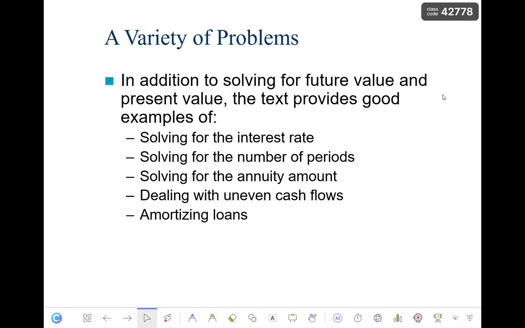What if I'm getting $300 one year, 200 another, 10,000 another? We can still use these formulas to figure that out, and how to amortize loans. In an amortization chart, how much do I owe with every payment? And if I'm making certain payments, how much do I owe after that? That's very much like the uneven cash flow concept.